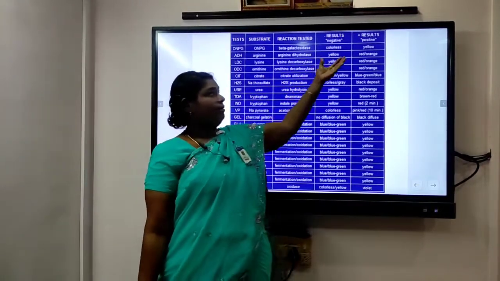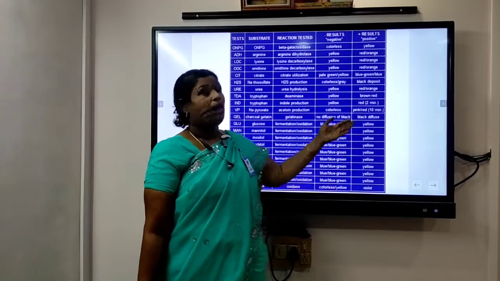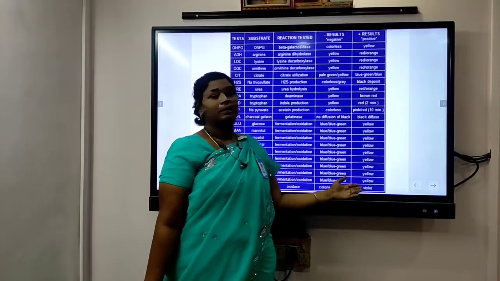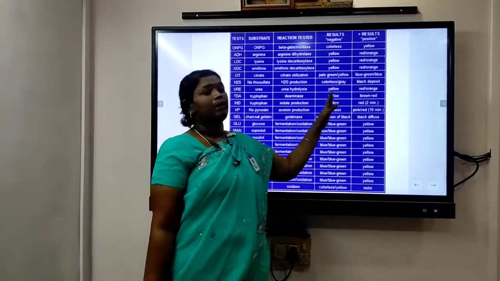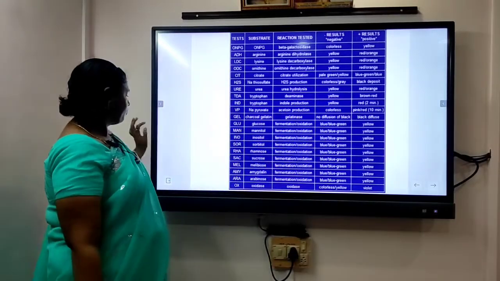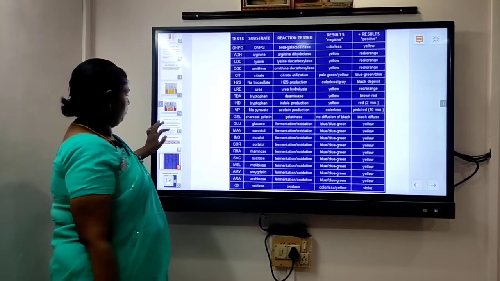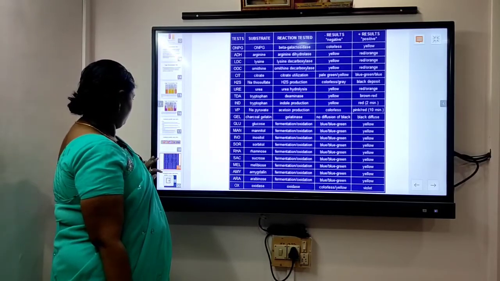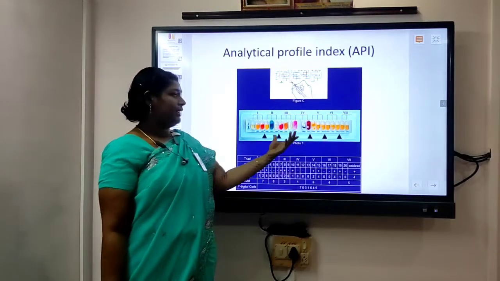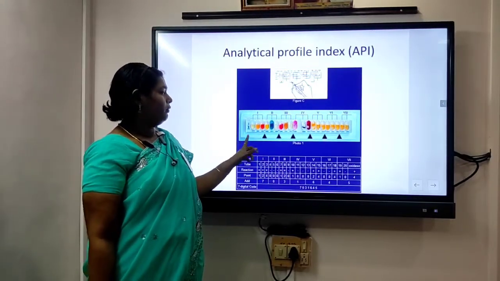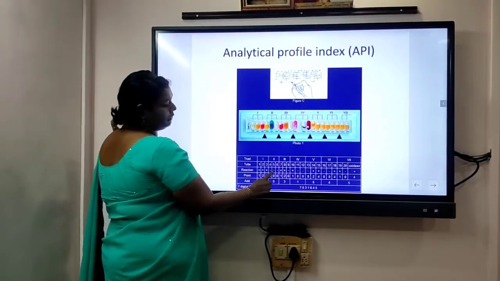Then the results are given. If it is negative, it will show this type of result. If it is positive, it will show this type of result. Okay, with those positive and negative results we can calculate the result. With the help of the positive results, we make a chart with positive and negative signs.